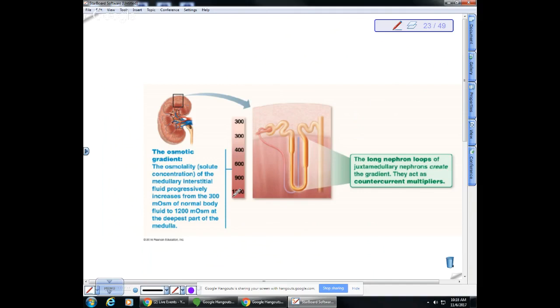That concentration is called osmolality, and osmolality increases as you move from the cortex to the medulla.